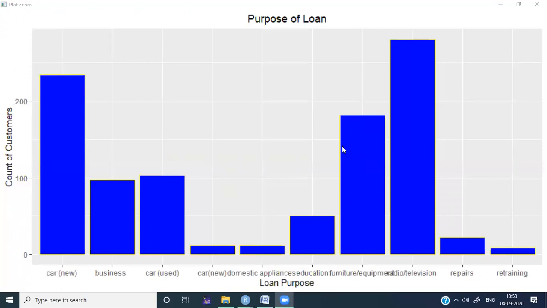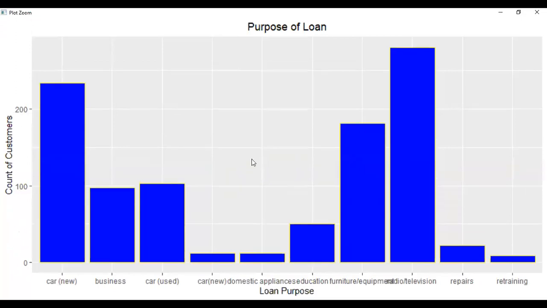So this is how the plot actually looks. The x-axis is down here by default, and the y-axis by default. So these are a few things: filling the colors. You can see there is an outline color. The outline color we call color, and to fill inside we call fill. These are a few terminologies which we have already discussed, and again I'm discussing it.